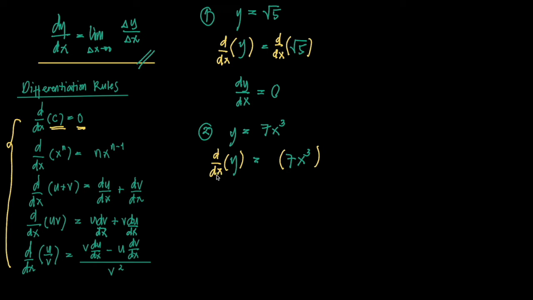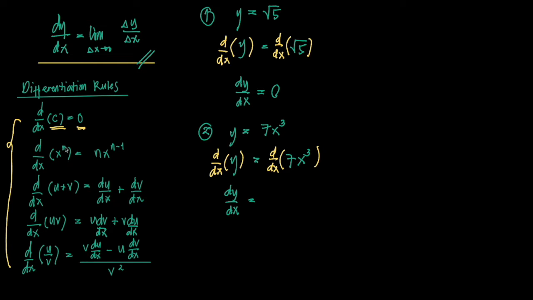So in this case, we are differentiating this function with respect to x. So the derivative with respect to x. This now becomes the derivative of y with respect to x. And this is no longer a constant.